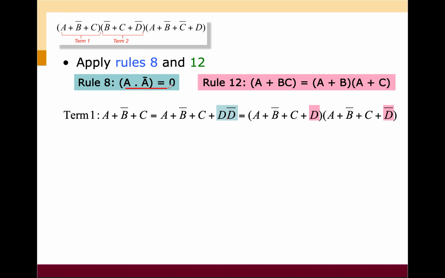And you have rule number 8, A dot A bar is equal to 0. So when you add any number with 0, you will get a similar answer because it doesn't affect you. So that's why you will get like this one.